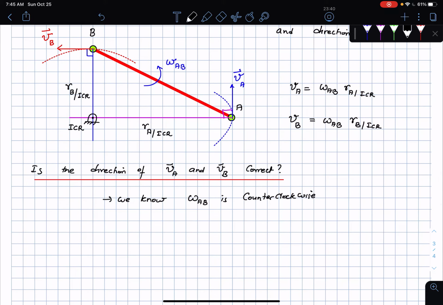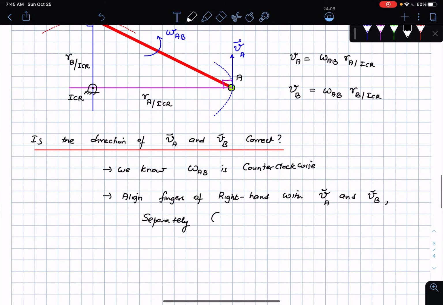Then align the fingers of the right hand with VA and VB separately. You're going to be doing this two times, once for VA and once for VB. When you're doing this, your palm should face the ICR.